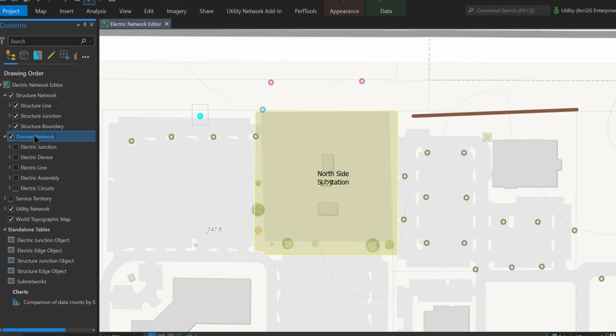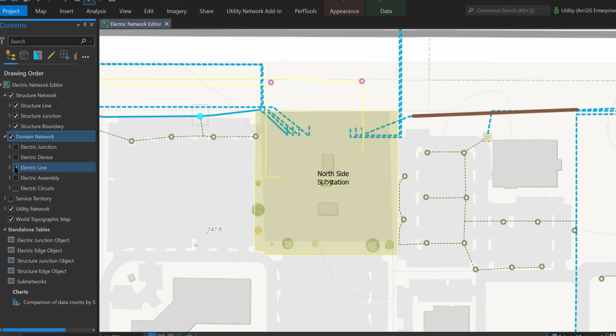So the next thing we want to talk about are domain networks. A utility network can have multiple domains, but only needs one structure network. The domain network contains features through which your resources are being delivered. A domain can be made up of electric lines, such as conductors, or devices that control the flow of electricity, such as a transformer or a fuse.